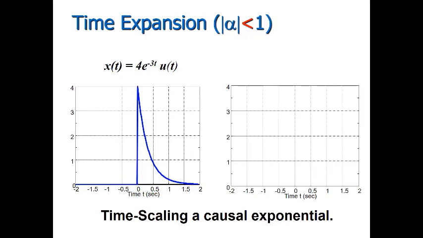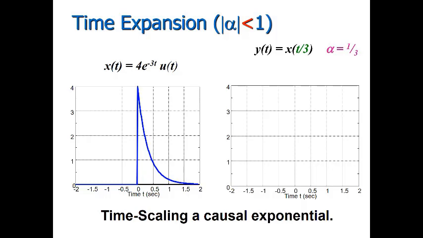Let's look at an example of time expansion. If I choose a magnitude of alpha that's a fractional value between 0 and 1, for example, alpha equals 1/3, so our y of t is now x of t over 3.